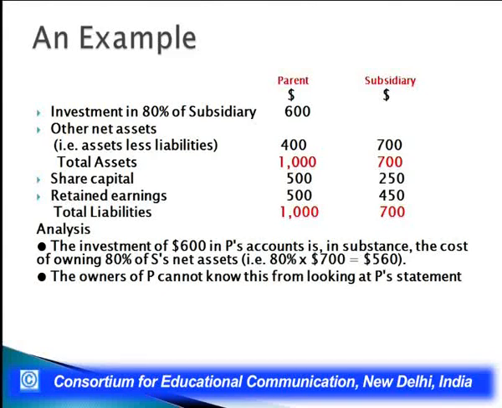So we have acquired 80% of the assets, which means 80% of 700 should be 560. How much is the investment shown in S? It is 600, right? So the value of assets acquired is actually 560, whereas we are showing it as 600 in our books.